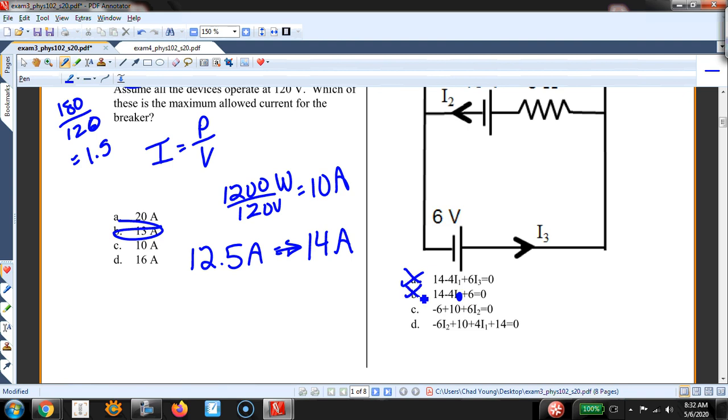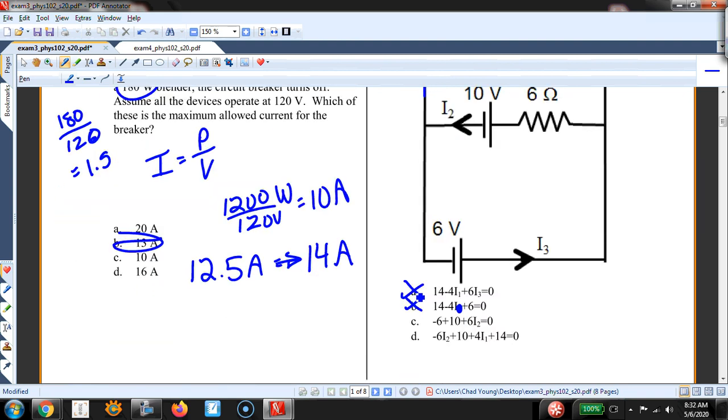It should be I1. And then minus 6 plus 10. That's going to be going in this direction because it's minus 6. So minus 6 plus 10, that's correct so far, plus 6I2. Looks like we got a correct one right there. So C is the right one.